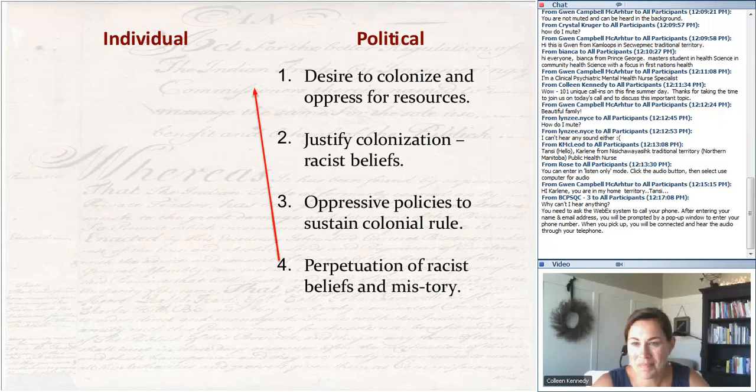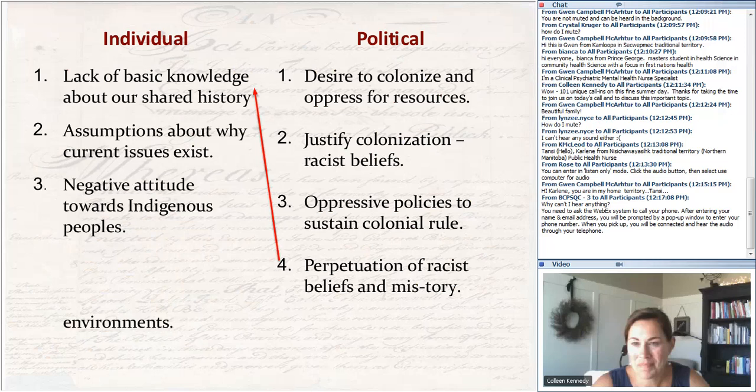So if you go to the right of this PowerPoint, on the political side, if you think historically, number 4 on the individual side, on the left-hand side, we have discriminatory behaviors in personal, social, and work environments. So the question becomes, how does that happen, right?